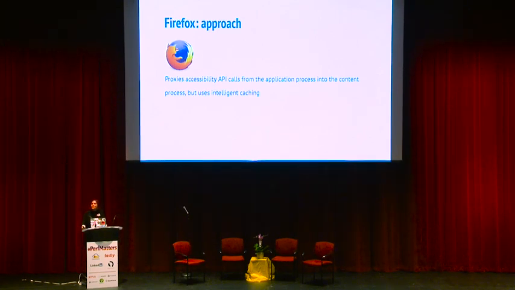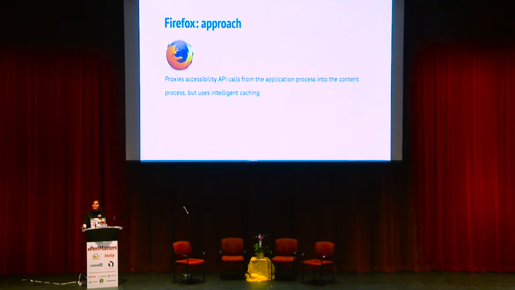But what they've done that's different to Google's initial approach is they use something called intelligent caching. So where in Google's initial approach with Chrome, the screen reader needed to make a single API call for every tiny little piece of information, Firefox makes intelligent guesses or assumptions about what other information is likely to be needed based on an initial call.